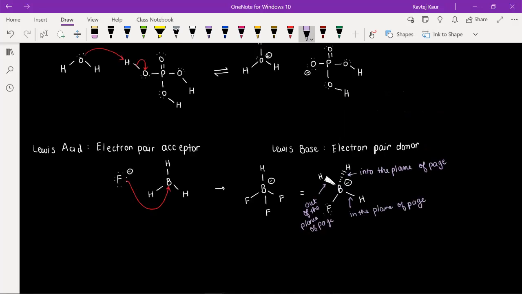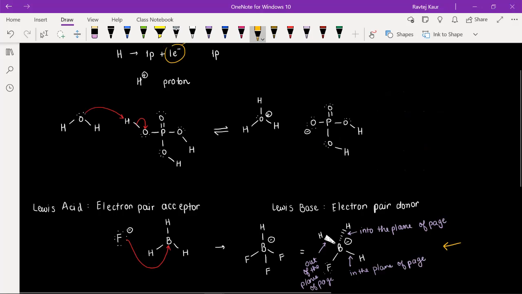For example, if you look at this example itself, right? This one, they're not dealing with any protons. So how can you tell which is the Bronsted acid or which is the Bronsted base? But in the top reaction, if you look here, the oxygen in the water molecule gave away its electron pair to another molecule, right? Something which is an electron pair donor is a Lewis base.